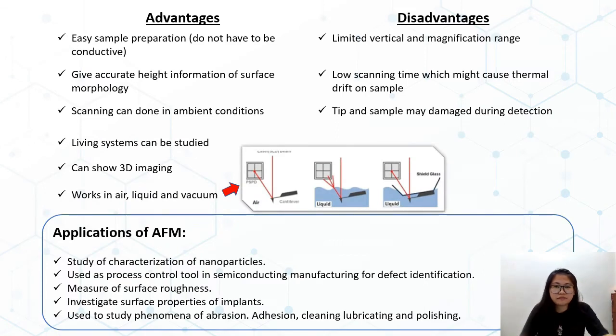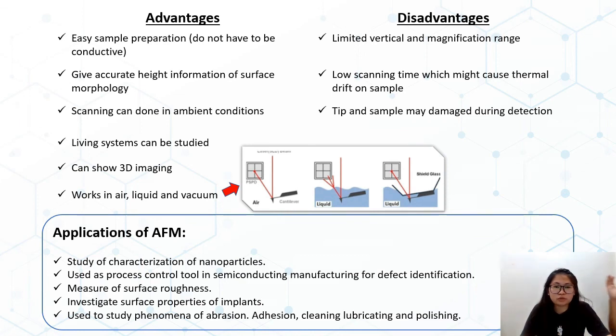There are many advantages of AFM. AFM has easy sample preparation, where the sample doesn't have to be conductive. Besides, it can give accurate height information of the surface morphology of the sample. Furthermore, AFM can be done in ambient conditions without complicated requirements.